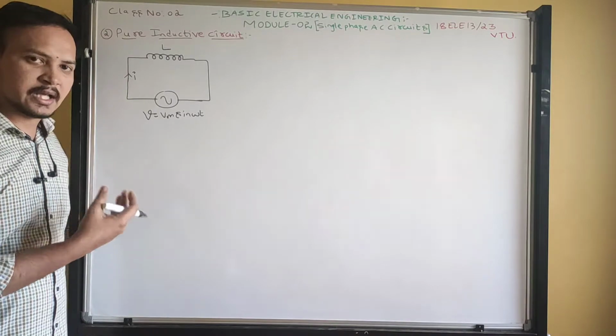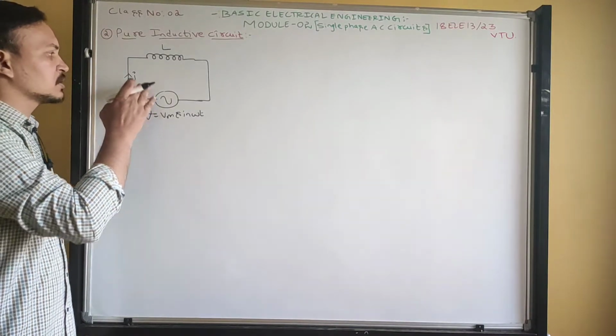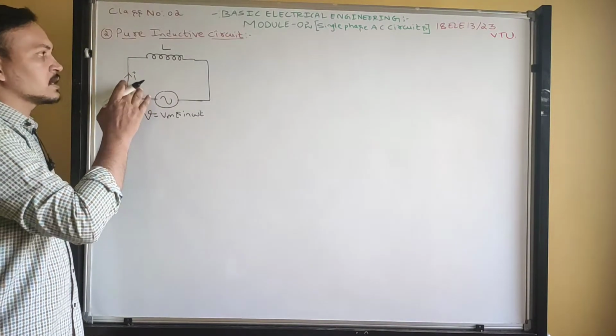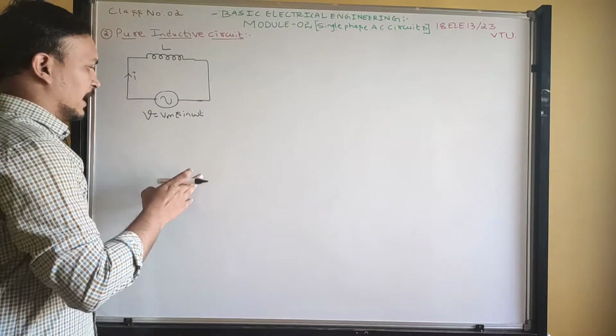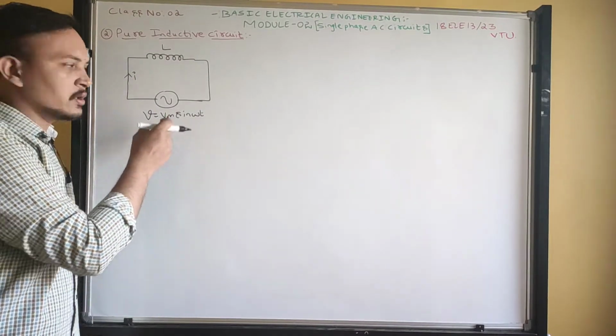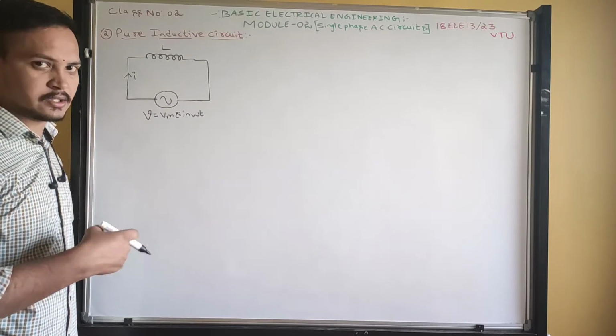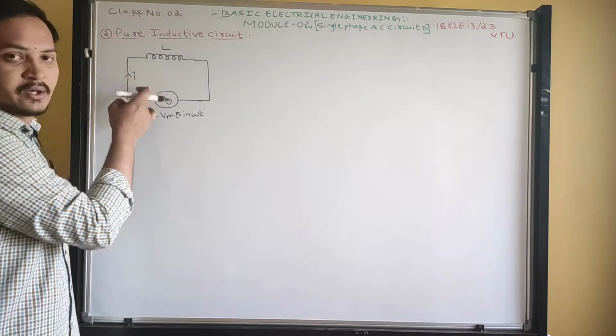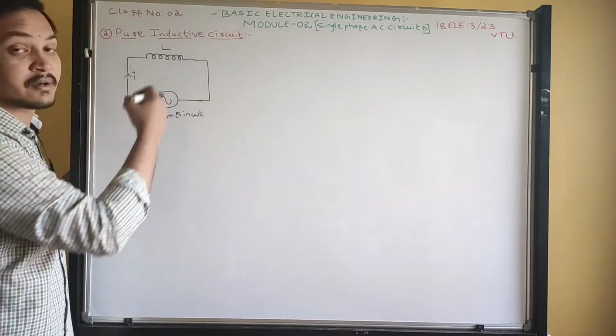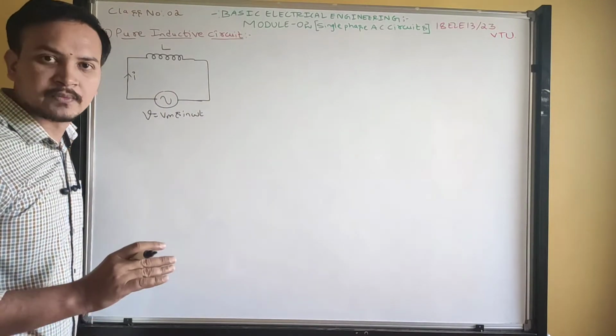So we can derive the equations, we can find the relationship between voltage and current for a pure inductive circuit. Either we can take voltage and find current, that is also correct, or by knowing current you determine the voltage across the inductor, that is also correct.